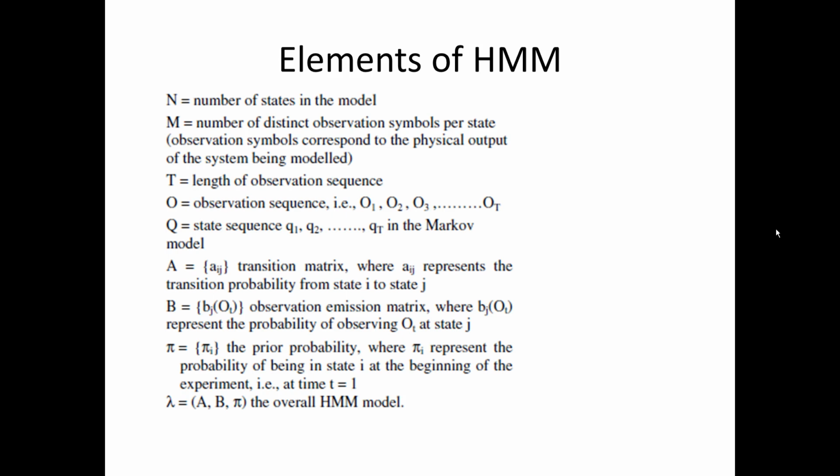There are a number of elements of HMM: the number of hidden states, the model, the observation sequence and state sequence, a transition matrix, an observation emission matrix, and the prior probability pi.